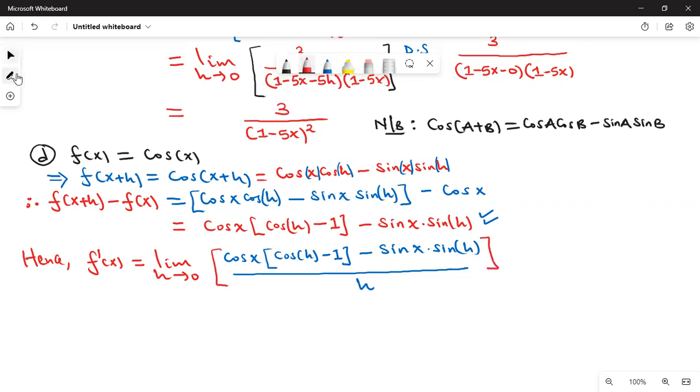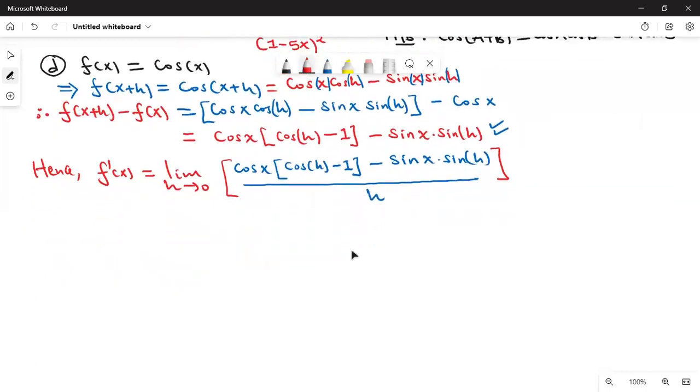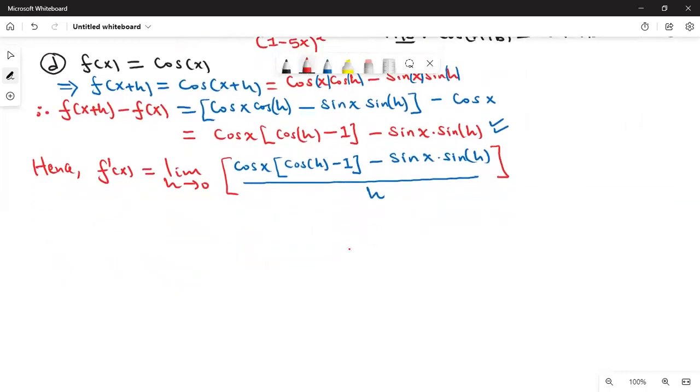So how do we evaluate this limit? This limit can be subdivided into two parts. We can write this as the limit as h approaches 0 of cosine of x times cosine of h minus 1 over h.